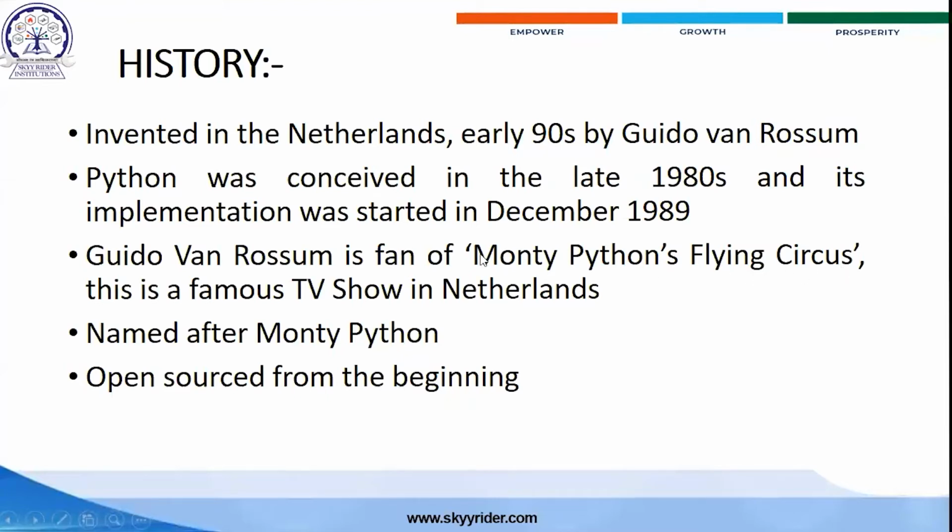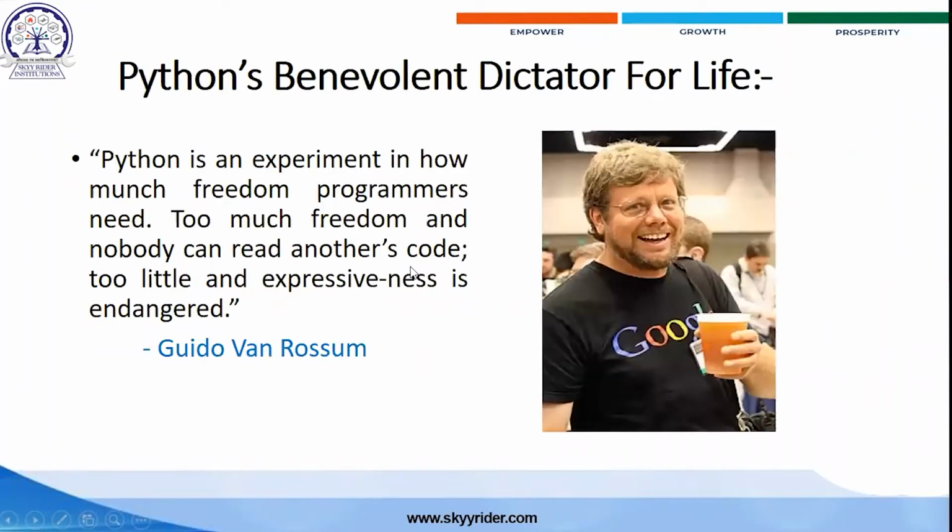So Python is derived from this television show, Monty Python's Flying Circus. Okay, so it's an open source language, open source from the beginning. Okay, so this is the introduction about this man.